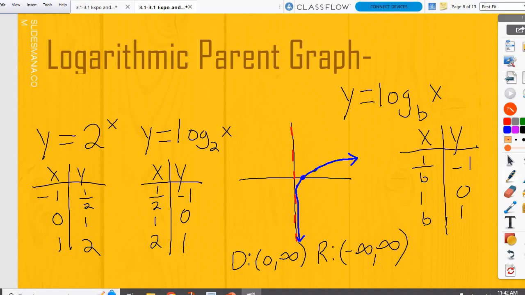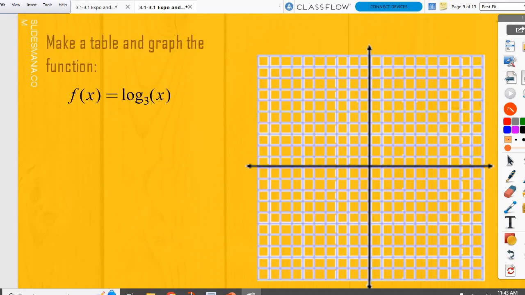So when you're graphing these, you kind of have two ways to think about it. If you just want to remember this pattern, you can use that for your key points. We can also think about if I have log base 3 of x, remember that the inverse of that is 3 to the x.